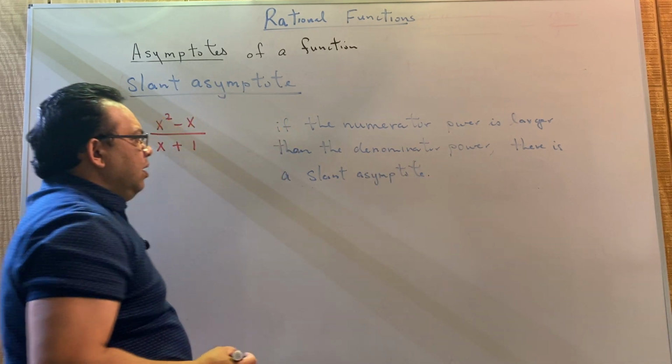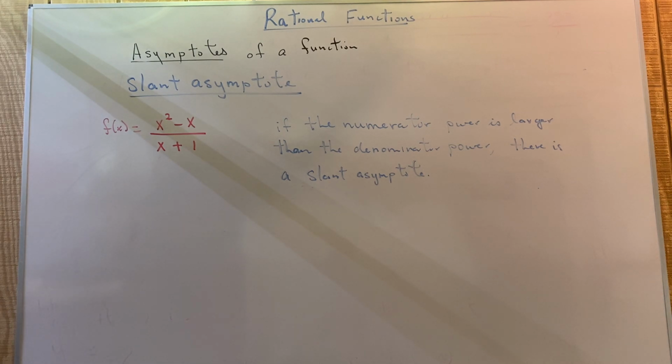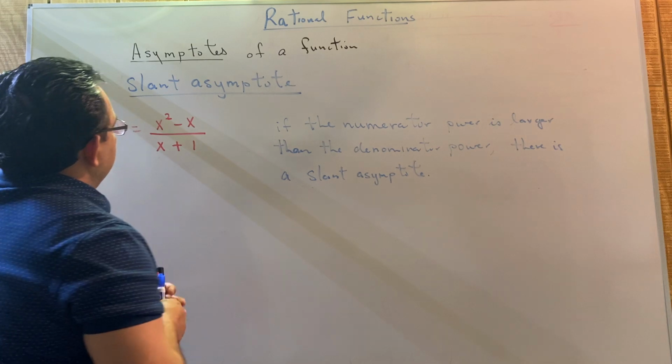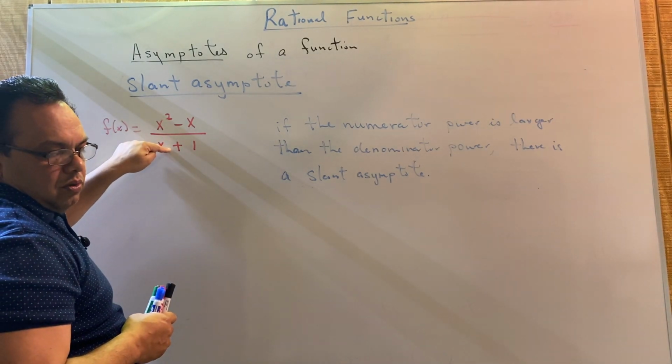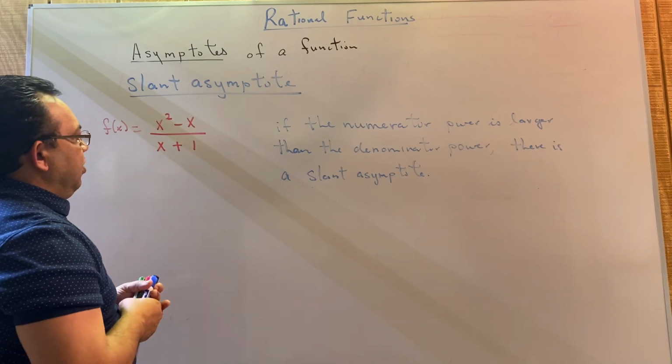If the degree of the numerator is greater than the degree of the denominator, then we have a slant asymptote. Now, since we're looking at linear, that degree has to be exactly 1 more, one difference, because we're looking at linear.